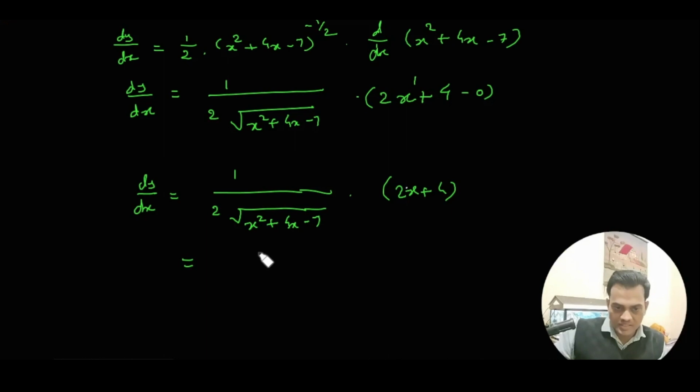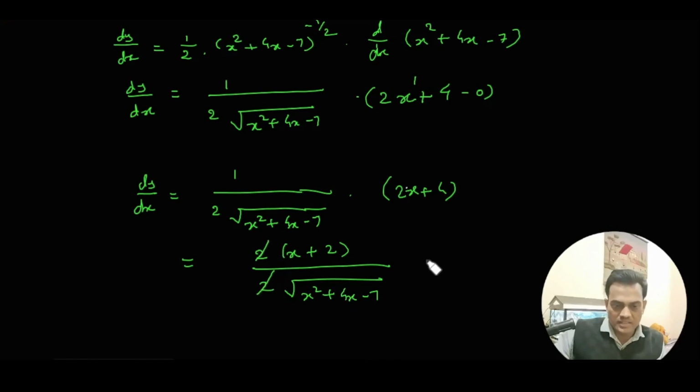We can simplify this. 2 can be made common, so it is 2 times x plus 2, over 2 square root of x square plus 4x minus 7. This 2 and 2 will get cancelled, and you will get x plus 2 divided by the square root of x square plus 4x minus 7.